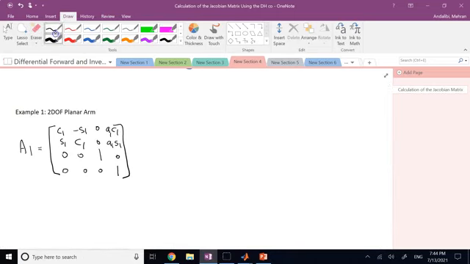So that was A1, and then A2, if you remember, is similar, correct? Except 1 becomes 2.